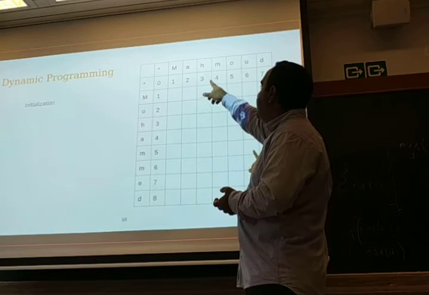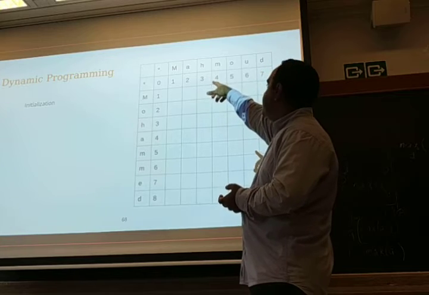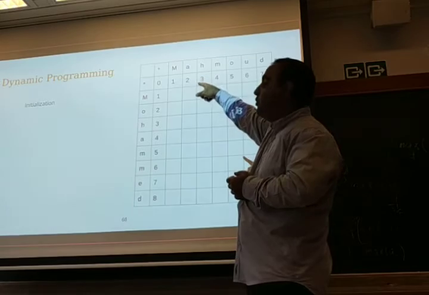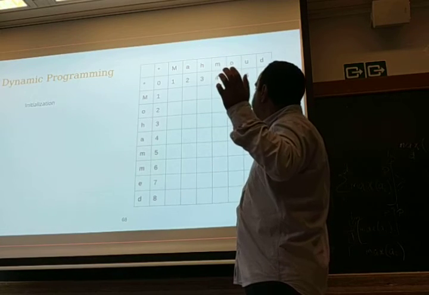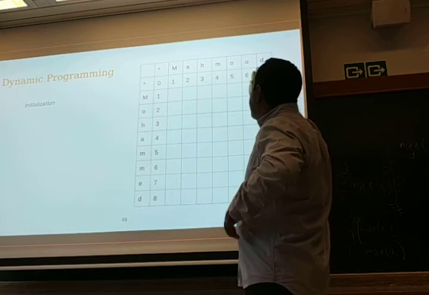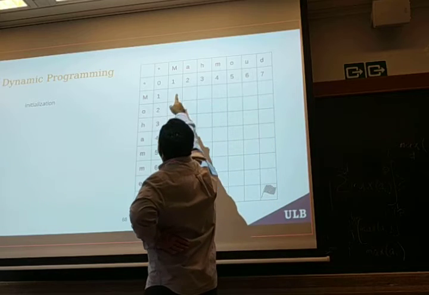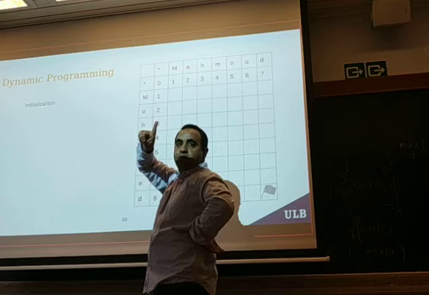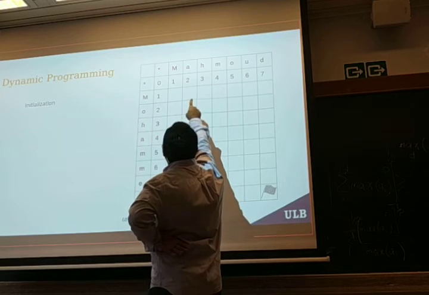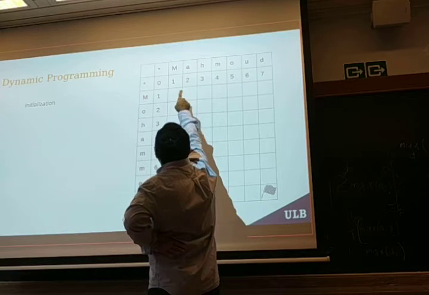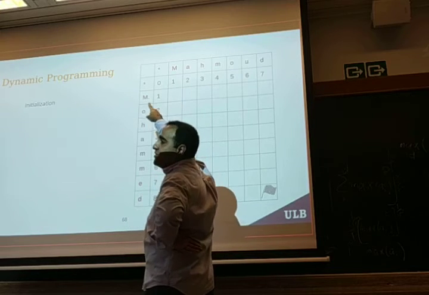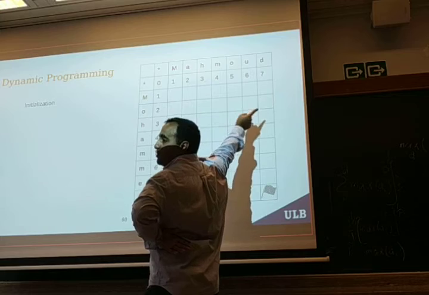For beautifying the algorithm, we have this dummy character, 0 and 0, and there the matching is 0, no penalty. If I match an empty string to an M, this is an insertion, so the penalty is 1. If I match an empty string to two characters, M and A, the penalty is 2, and so on, right?